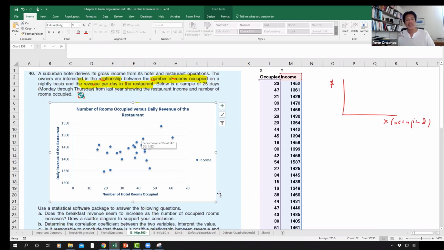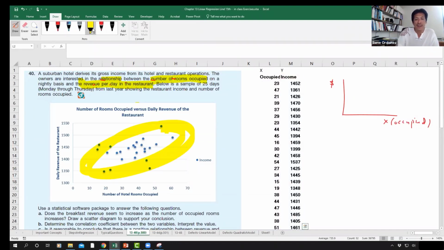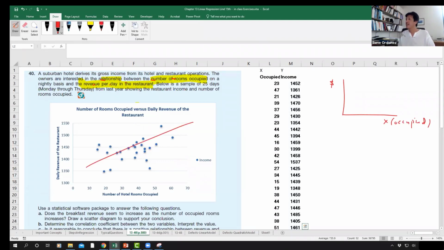Now, what is it that you observe in this relationship between these two variables? Looks like there's probably some correlation here. There's a little bit of a pattern there. So what is that pattern? Maybe we can check and see if we can have a line representing this relationship.